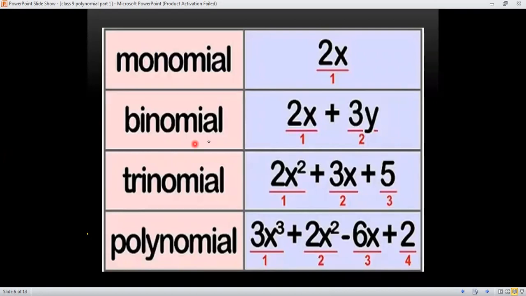For binomial, 2x plus 3y because it is having two terms. Trinomial, 2x square plus 3x plus 5. Polynomial, 3x cube, 2x square minus 6x plus n, and it can have more terms than this also.